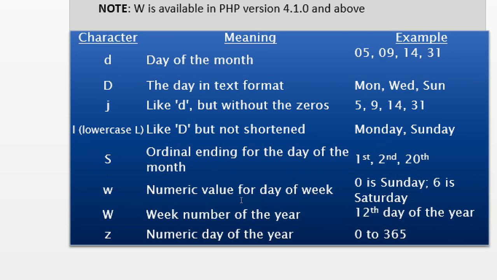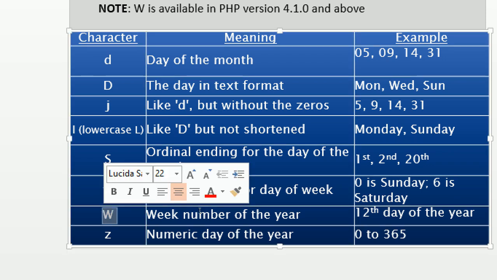Numeric value for day of the week. It will count the week. That 0 is Sunday. Then after 7 days, after a week, what will be the date? Clear? Today is 24th. So after 1 week, what will be the date? Clear? Now let's come to the capital W.